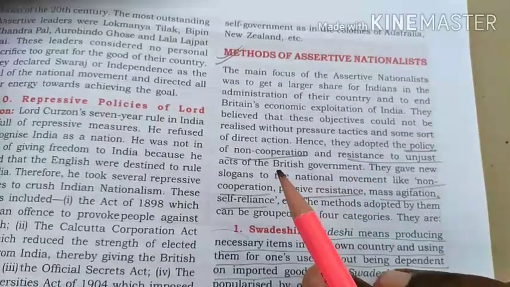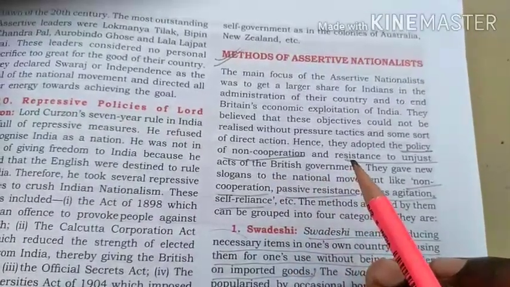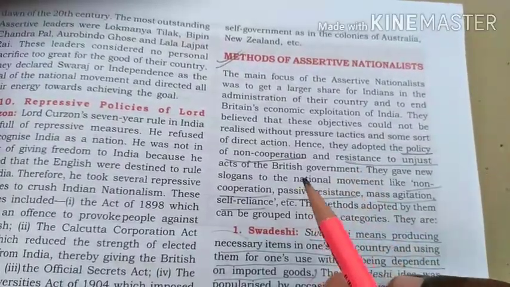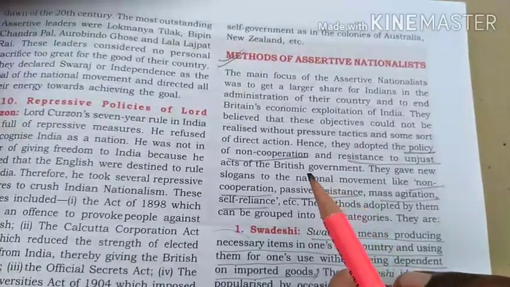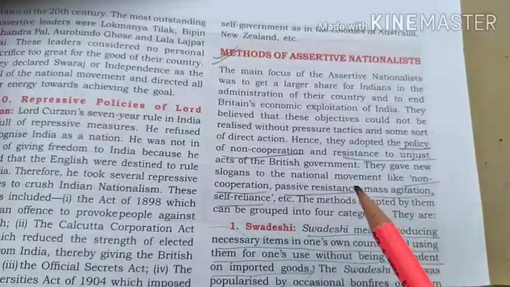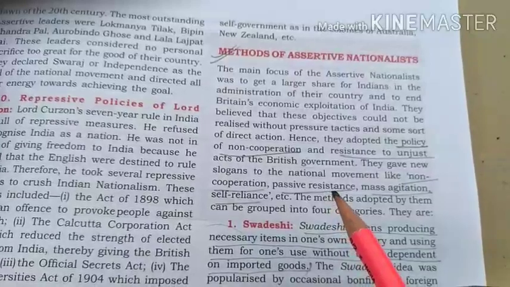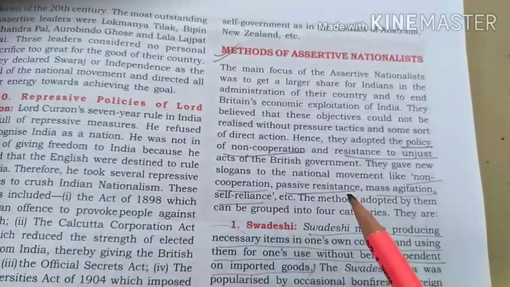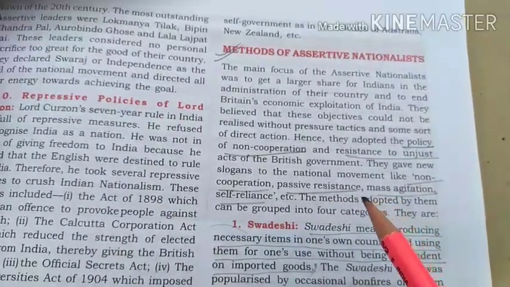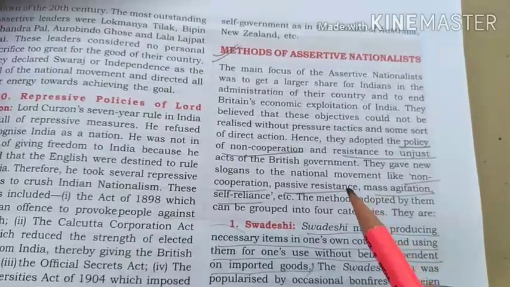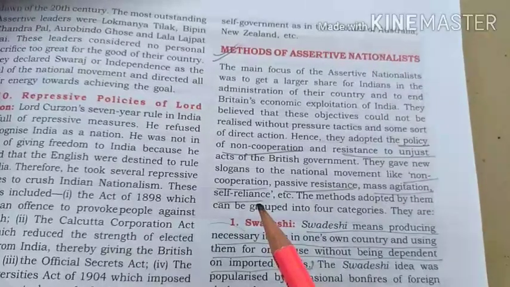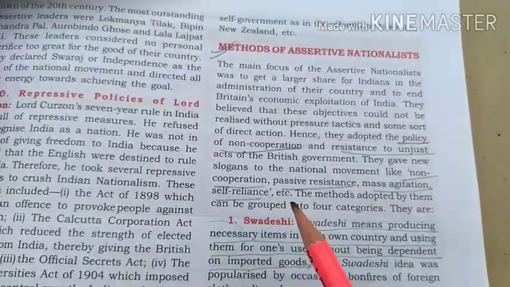It meant resistance to unjust acts of the British government and strong opposition to the British government in India. They gave new slogans to the national movement like non-cooperation and passive resistance. Passive resistance means opposing strongly, mass agitation, public protest, and self-reliance, and fighting confidently against the British.